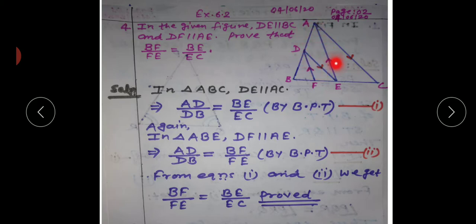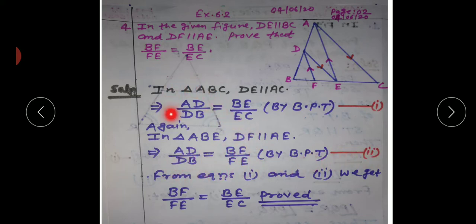In triangle ABE, DF is parallel to AE, given. This implies that AD upon DB will be equal to BF upon FE by the basic proportionality theorem, and it will be equation second.